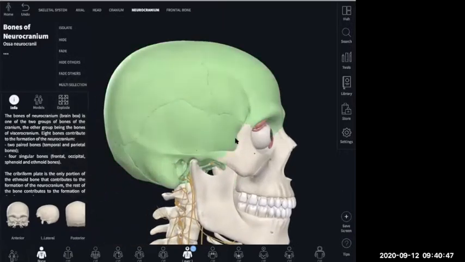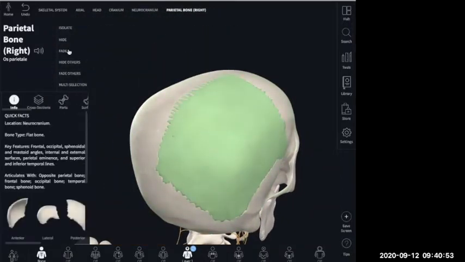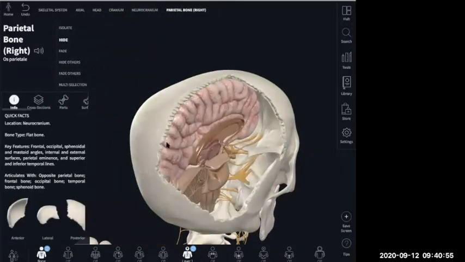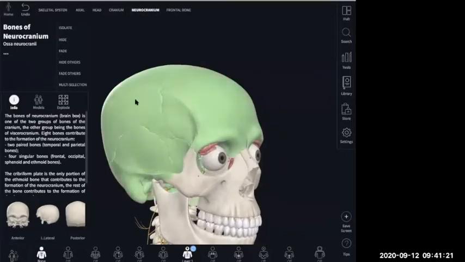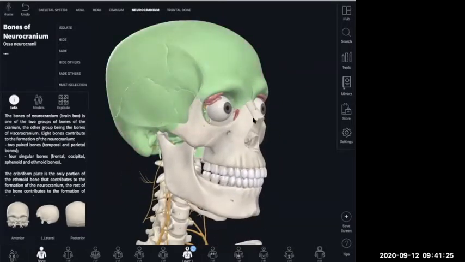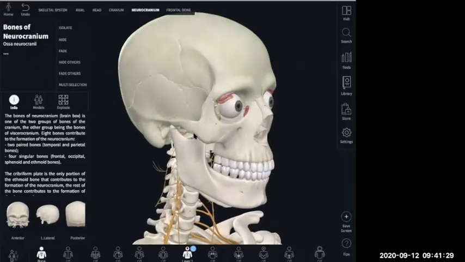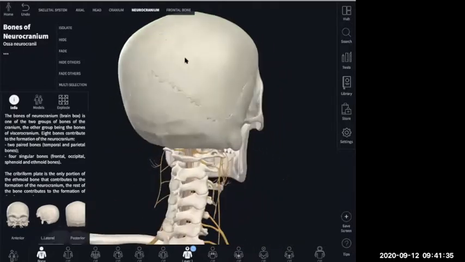We usually just call these the cranium bones, that are going to be housing your brain basically in here. So that's your neurocranium, and then the other bones of your skull are your facial bones over here, right? And these will be the bones of your face. So that's your head.